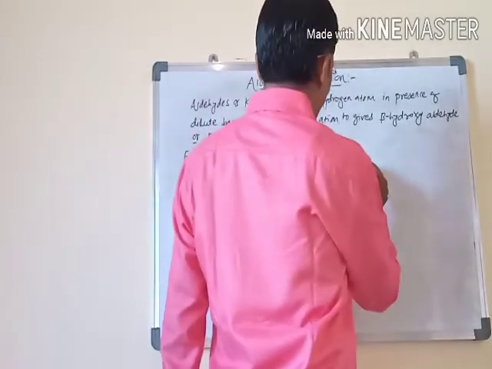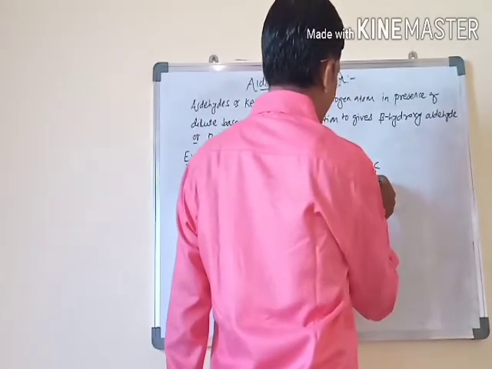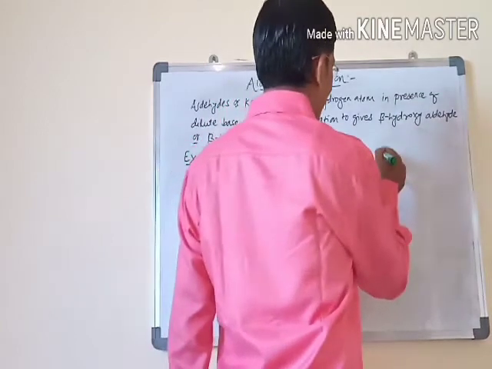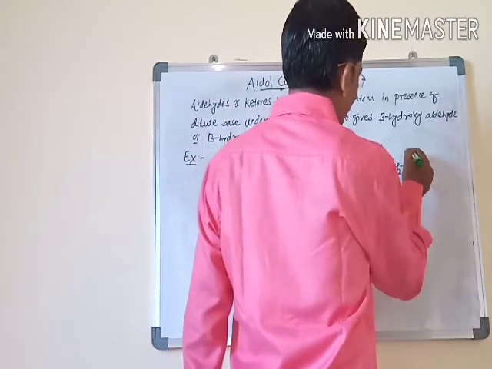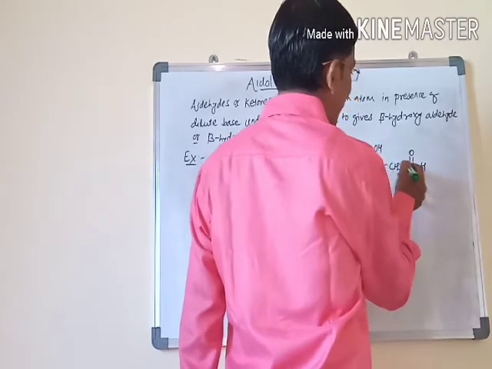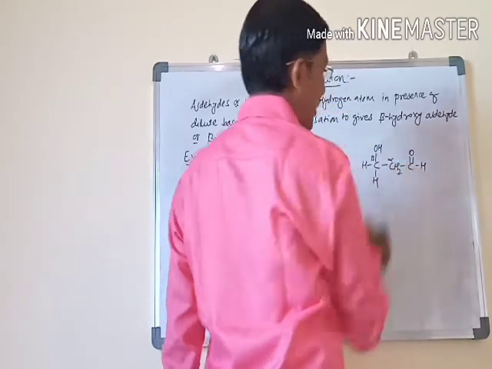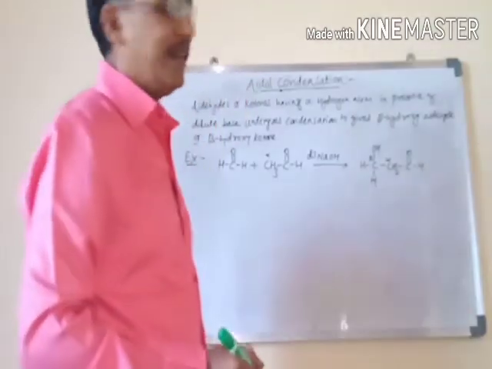It will give rise to HCH with the oxygen becoming OH, and CH2CHO. Now this is the functional group, this is the alpha and this is the beta carbon. Again it is a beta hydroxyaldehyde.